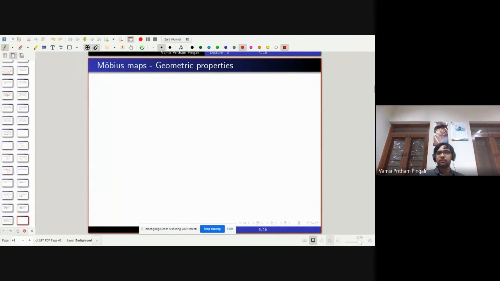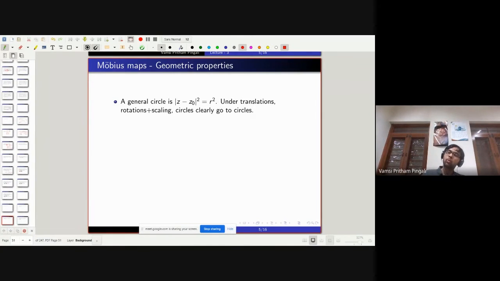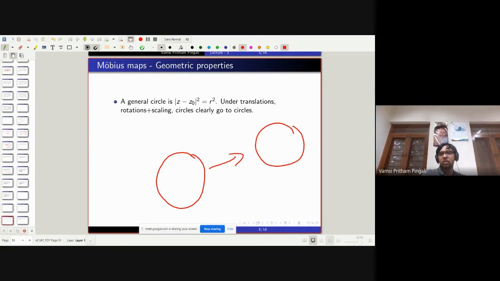All right. A general circle centered at z0 with radius r is mod of z minus z0, squared, equals r squared. Circles clearly go to circles. Why? If you take a circle and you translate it, of course it's a circle, right?